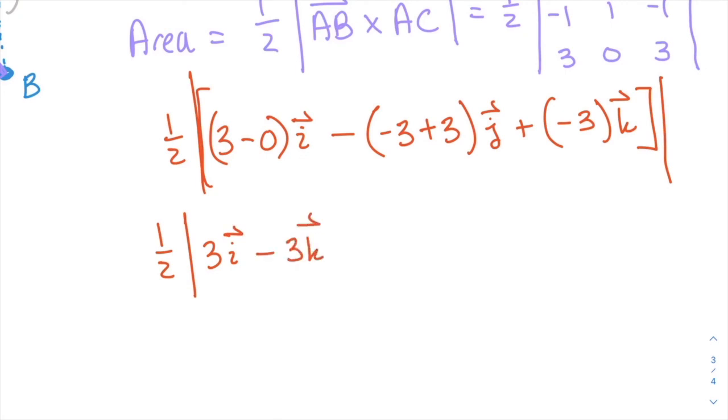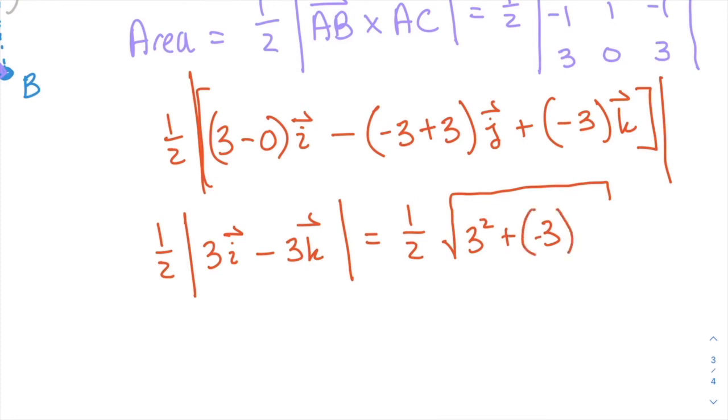Let's calculate the magnitude of 3i minus 3k, which is going to be 1/2 times the square root of 3 squared plus -3 squared, which is just 1/2 times the square root of 18.